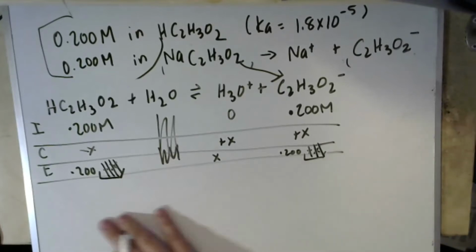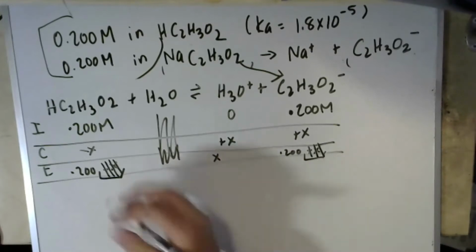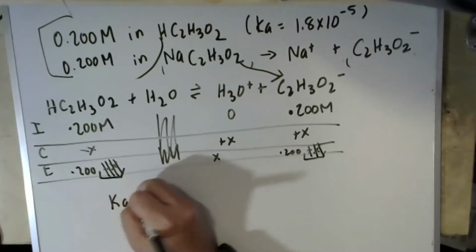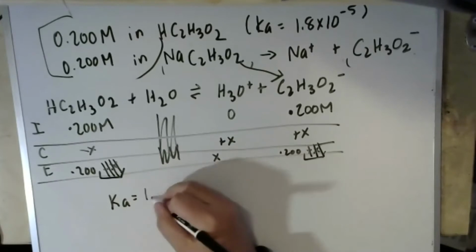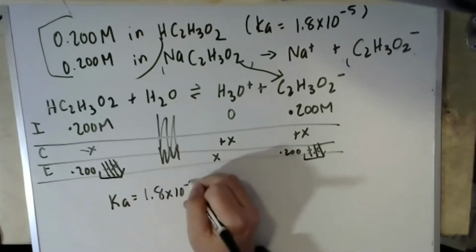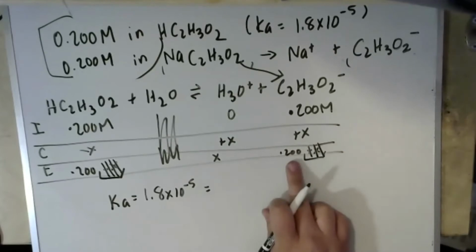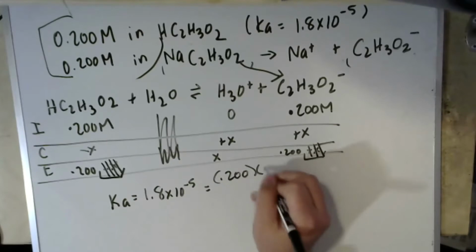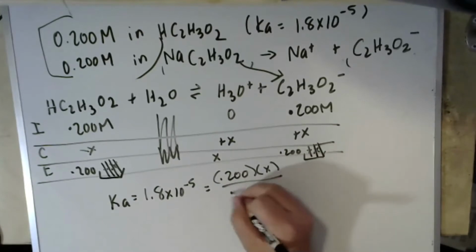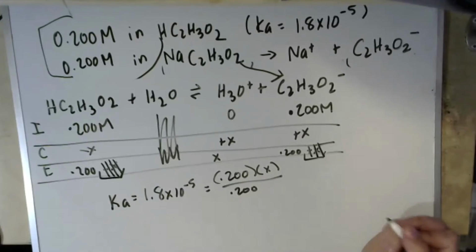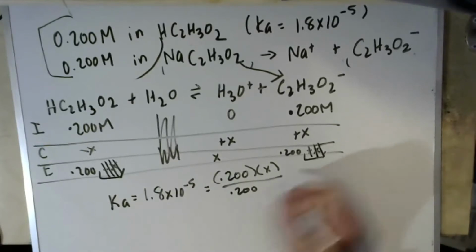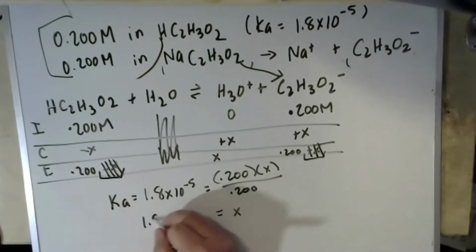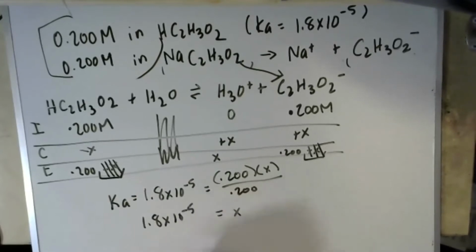That means that when we set up our K expression for this equilibrium, Ka is going to equal 1.8 times 10 to the negative 5. And that's going to equal 0.200 times X over 0.200. Okay. And that means that our X value is going to equal 1.8 times 10 to the negative 5.